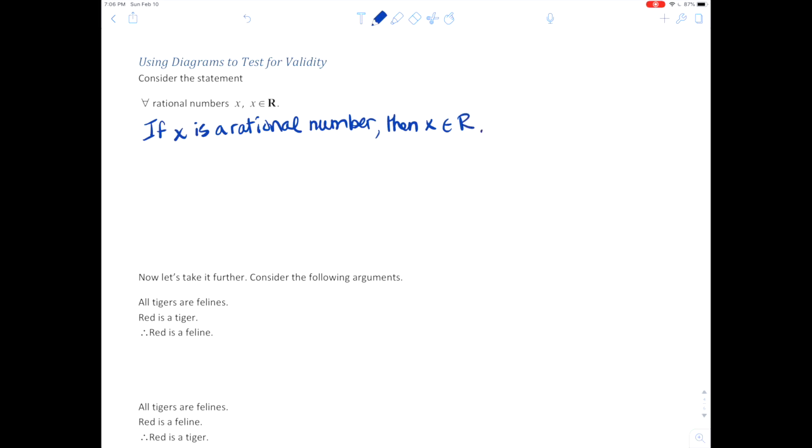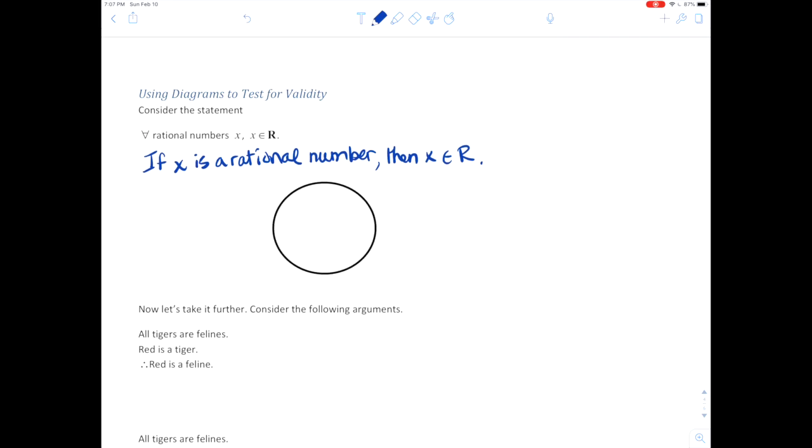All right, well, you can make a circle. So here we've got this circle in black, and I'll call this one P. So basically, if x is true for P, then x is true for Q. So this is basically the big set, after the then statement here, the set of real numbers.